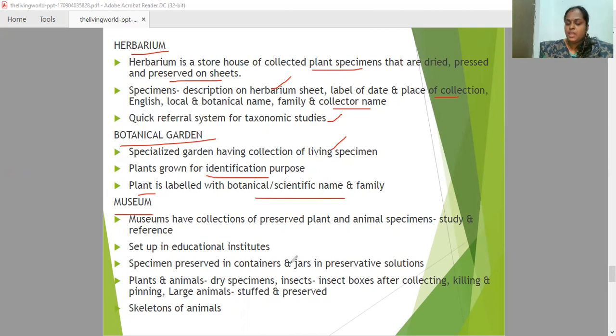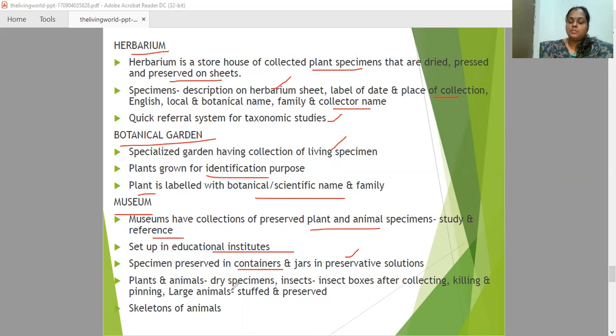Next is museum. Museums have a collection of preserved plant and animal specimens for study and reference purposes. Both plant and animal specimens are preserved in the museum, and it is very essential for educational purposes. Museums are set up in educational institutes also, and specimens are preserved in containers or jars using preservative solutions.